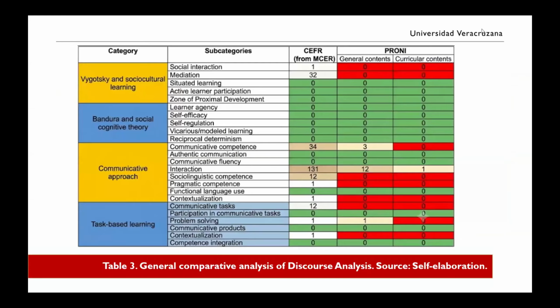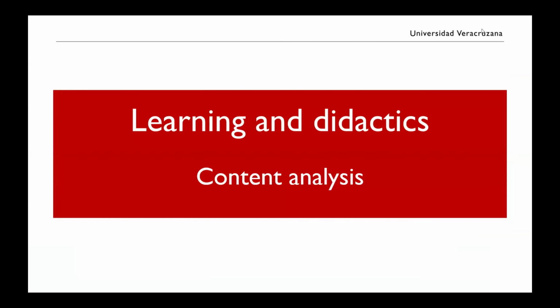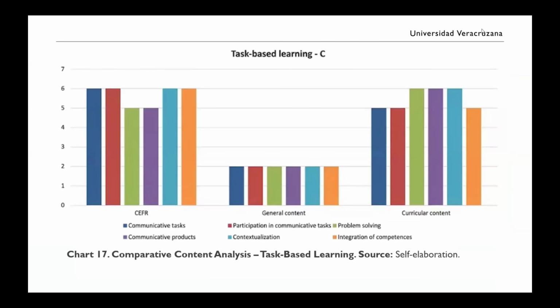From the discourse analysis, we can observe that all the theories and didactic approaches are practically disappearing in the PRONI, in the general context and the curricular contents. When we observe the content analysis, this is an example that illustrates more clearly what exactly happened in this program.